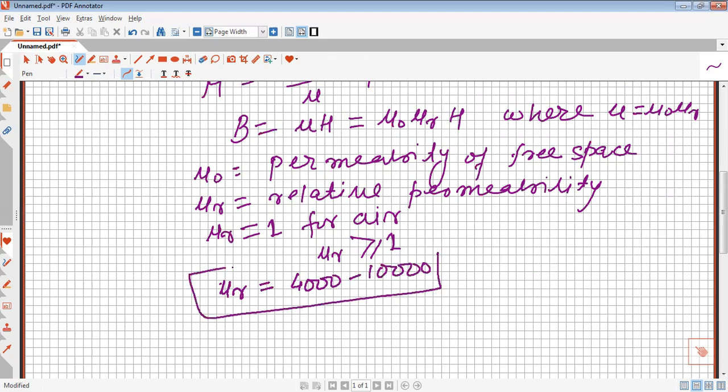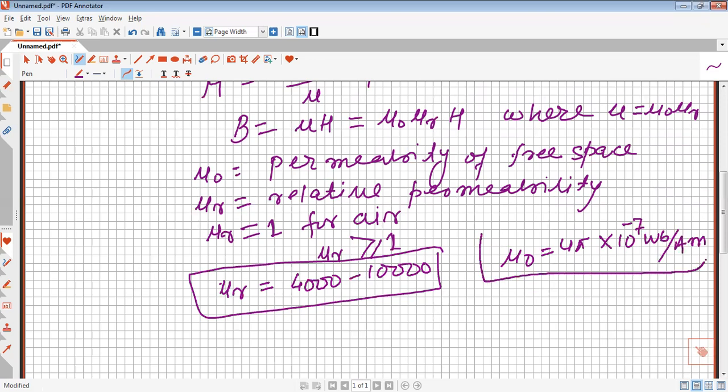This is a typical value I have written here. For air it is 1, and the value of mu naught is 4 pi into 10 to the power minus 7 Weber per ampere meter.